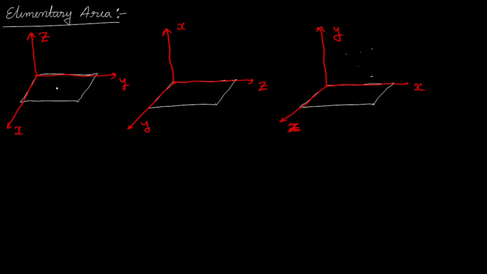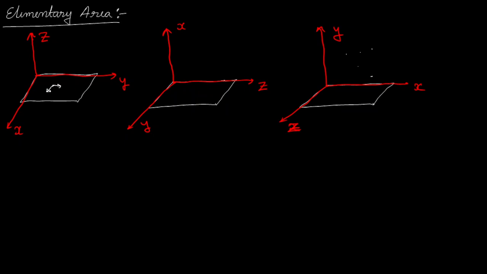So we can define here the elementary length along the y-axis, dy, and the elementary length along the x-axis, dx. The area formed by these two lengths is called the elementary area, the smallest possible area in this plane.